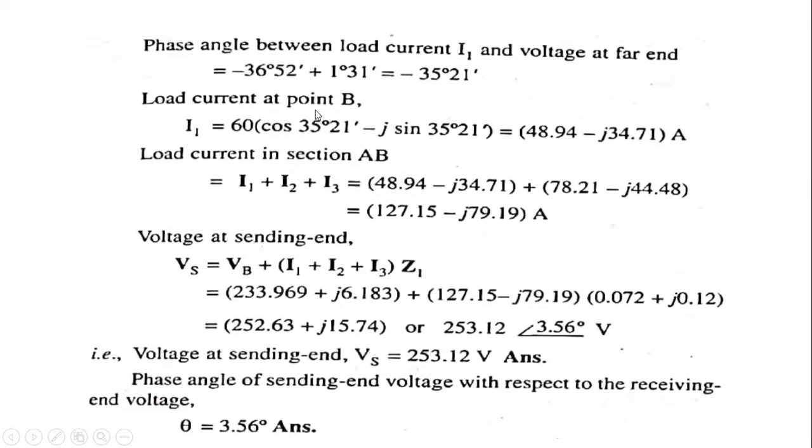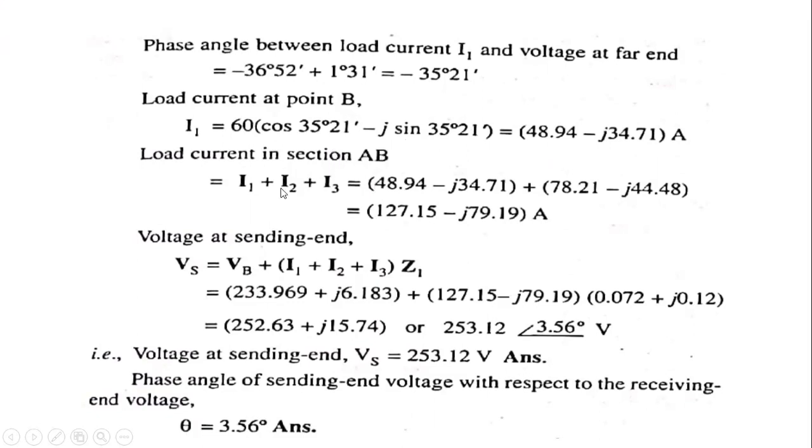Then we calculate the load current at point B. I1 is equal to 60 into cos of 35.21 minus j sine of 35.21. Then we obtain the load current in section AB.